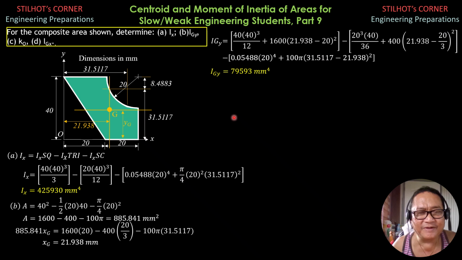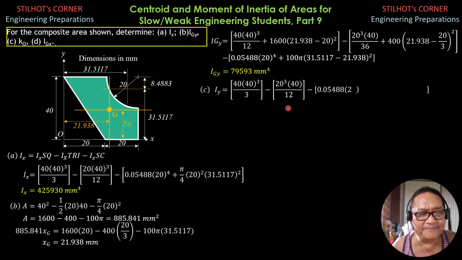So Iy is Iy of square, which is 40 cube 40 over 3, minus Iy of triangle 40 20 cube over 12, then minus we have to transfer the moment of inertia of this quarter circle to the y-axis, so centroidal 0.05488 20 to the fourth plus area 100 pi, then 31.5117 square.